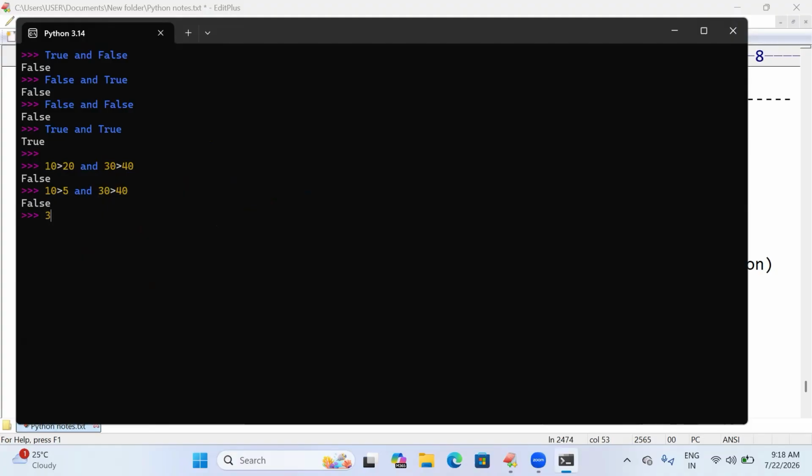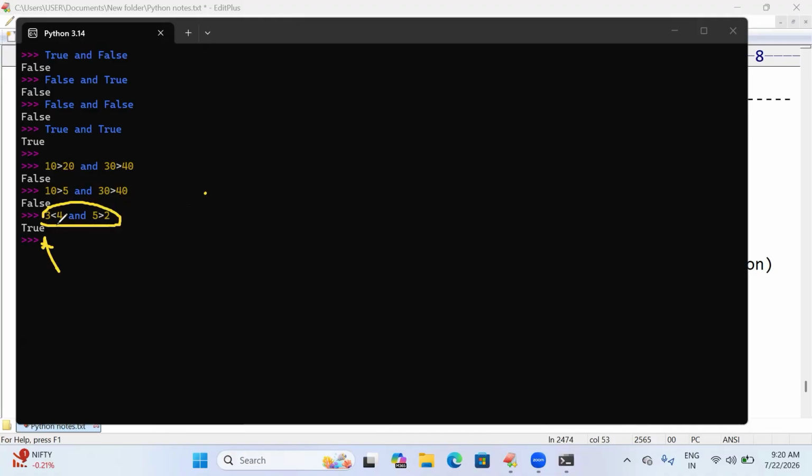If I do this, see here, 3 less than 4 is going to be true, right? And 5 greater than 2 is going to be true. So true and true, the output is true. This type of evaluation is known as full length evaluation. Why do we call it full length evaluation?